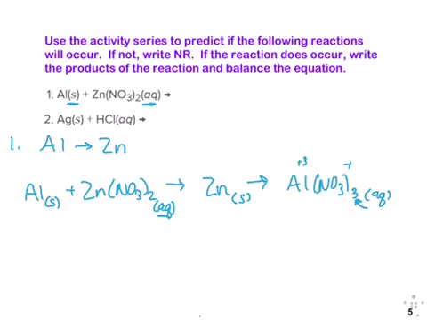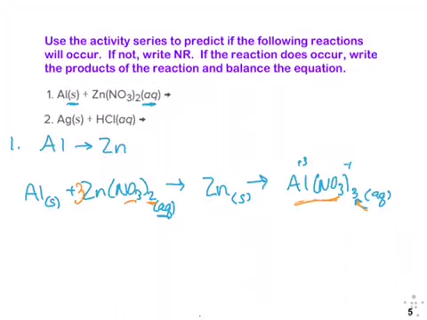So next step to balance. It looks like the only thing that's off are the nitrates. On the reactant side we have 2, on the product side we have 3. 2 and 3 have what number in common? 6. So on the reactant side, to get 6 with this 2, we need to put a 3 out front.